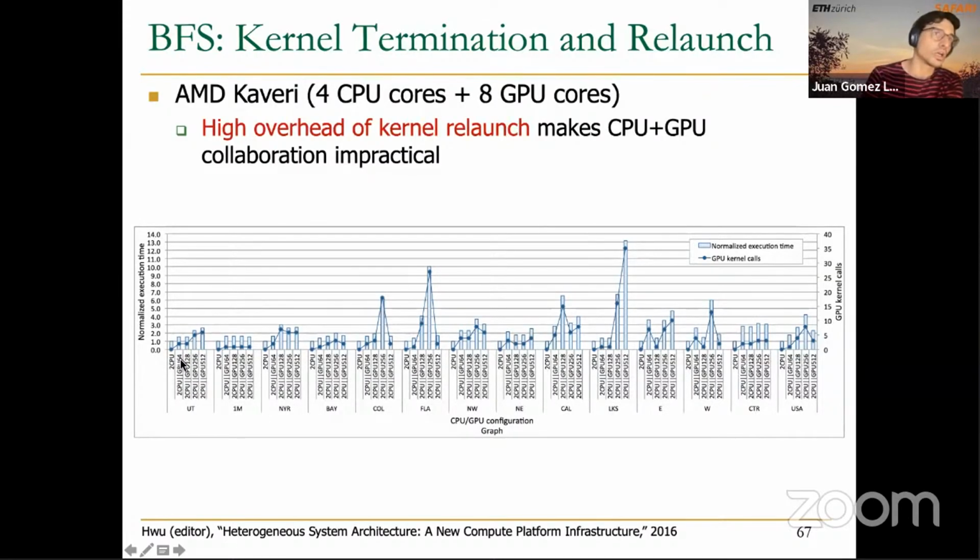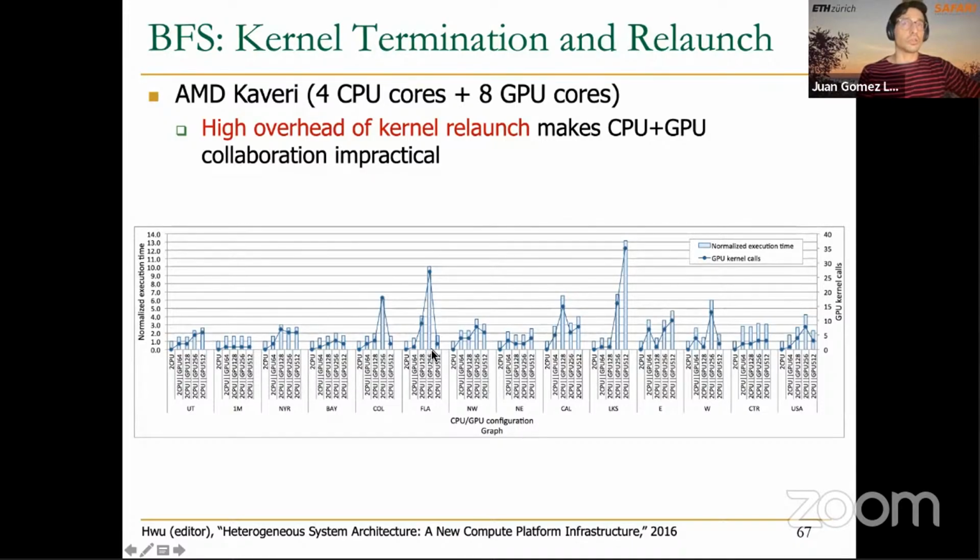For example, this 64 means that whenever we have more than 64 nodes in the frontier, we start using the GPU, or here whenever we have 512 or more nodes in the frontier, we will use the GPU. So all these different bars and dots here correspond to different values of the threshold for the collaborative implementation.